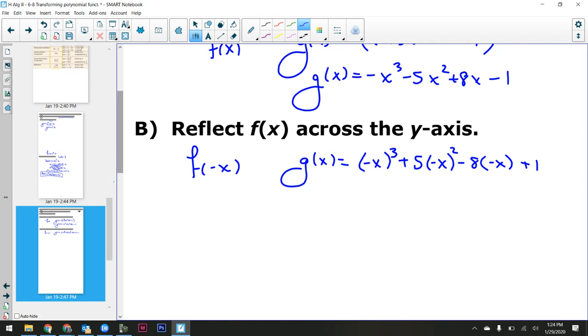If I take negative x to the third power, once I simplify it, negative times a negative times a negative will stay negative. But what happens to the negative inside the x squared? Goes away, right? It doesn't have any effect. What happens to my negative here? It stays and turns that negative 8 to positive 8. And the 1 stays positive out there on the end.